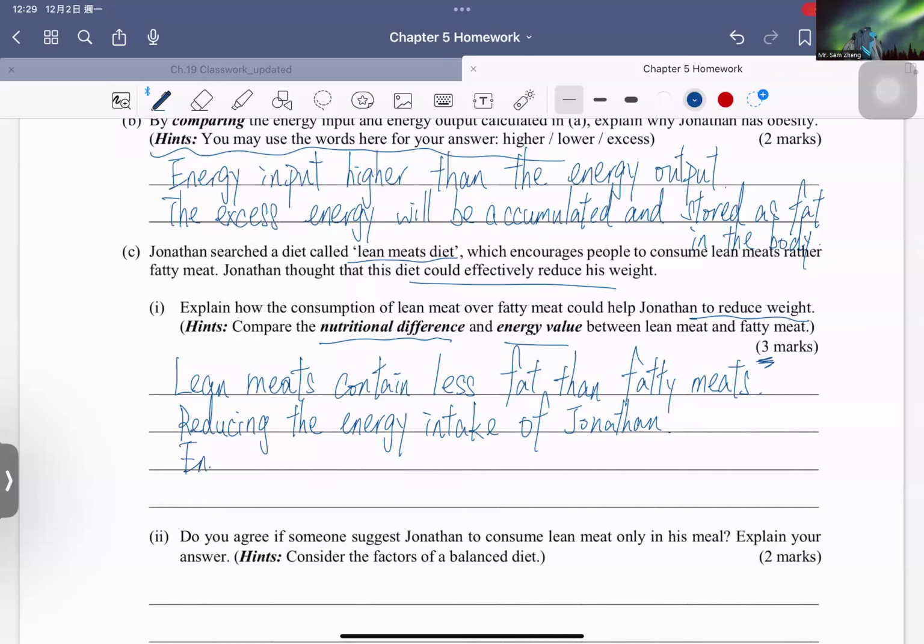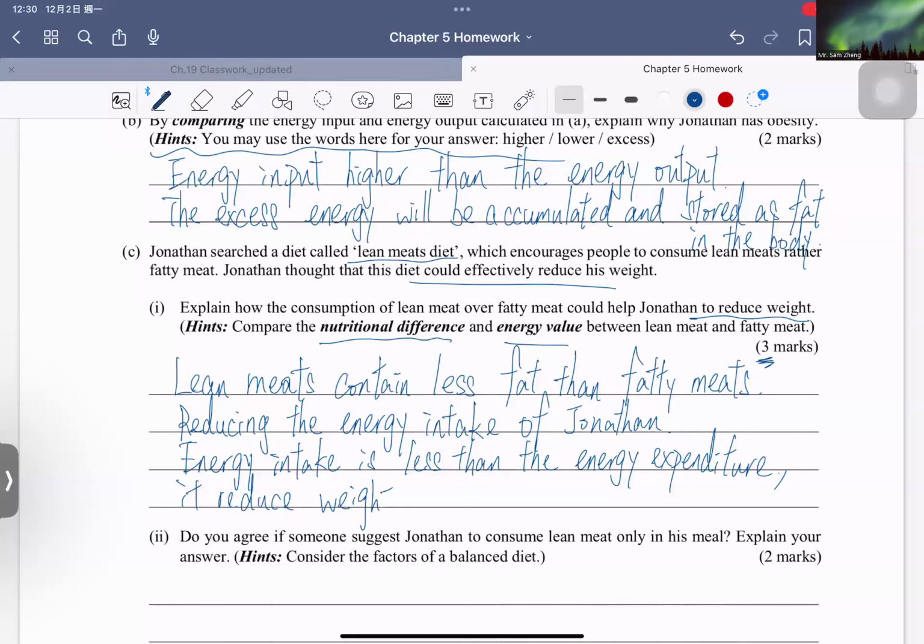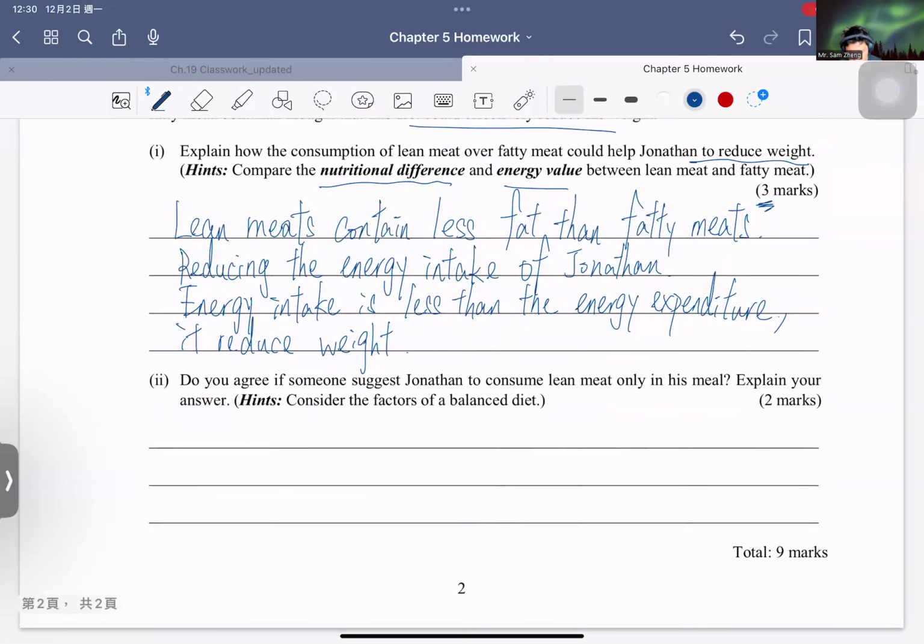So energy intake is less than the energy expenditure. So therefore, it reduces weight.